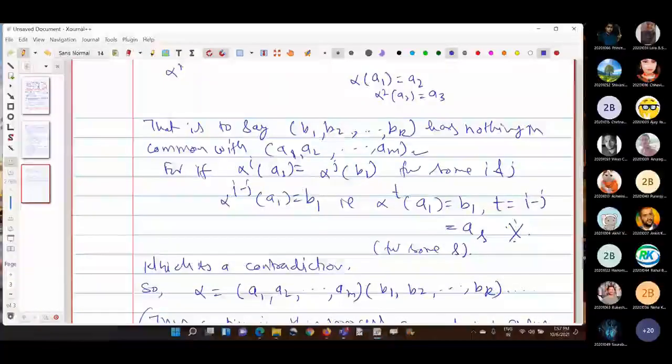Similarly, alpha of AM gives A1. If it is an M cycle, then alpha of AM is going to be A1. So A1, A2, A3 up to AM come here only. But this is equal to B1.